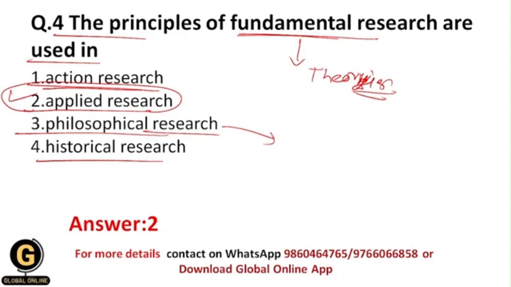This is the philosophy of that particular relationship between the variables, or of that particular data: how that data has been discovered in this world, and what the roots of that data are. All of these things are studied in philosophical research.